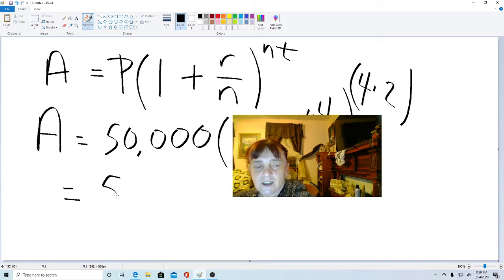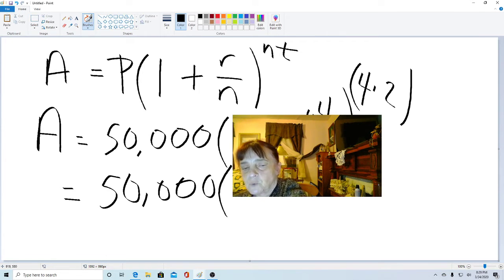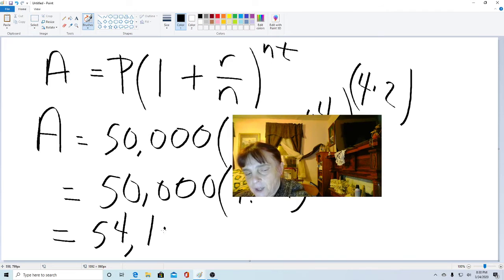So that's 50,000 times 1.01 to the 8th power. And then you compute 1.01 to the 8th power on a calculator, and then you multiply that by 50,000. And you should get $54,142.84.